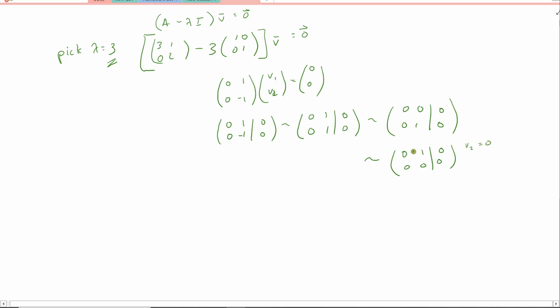As we read across these equations, V1 plus V2 has to equal 0, so V2 has to equal 0. And V1 does not have a pivot column, so V1 is free. We can pick any value we want for V1. I recommend picking 1, but you could pick any other number. So for lambda equals 3, an eigenvector is the vector 1, 0.